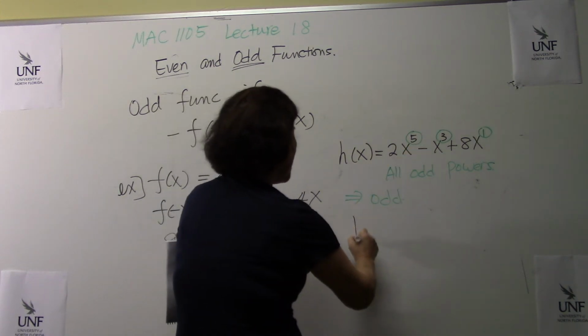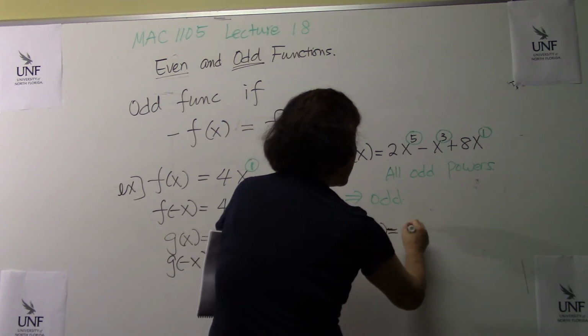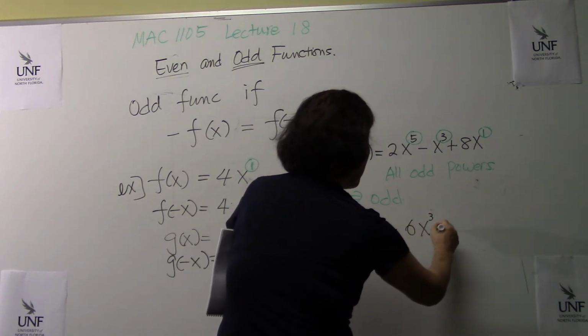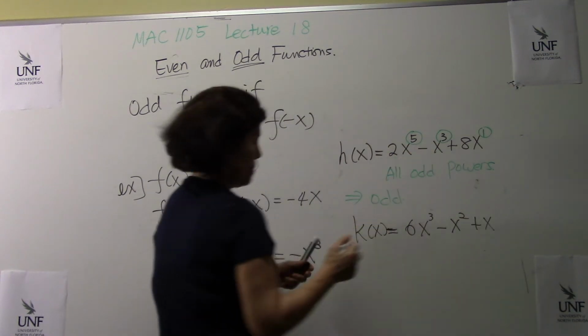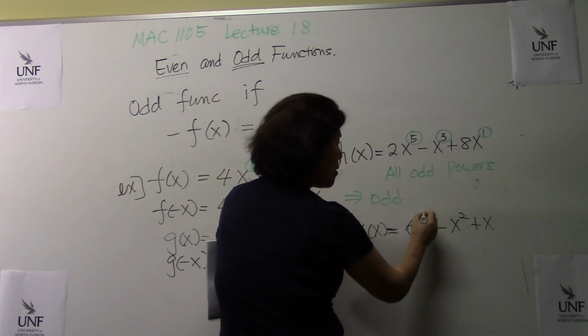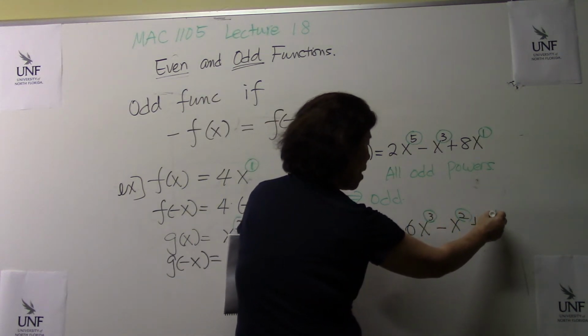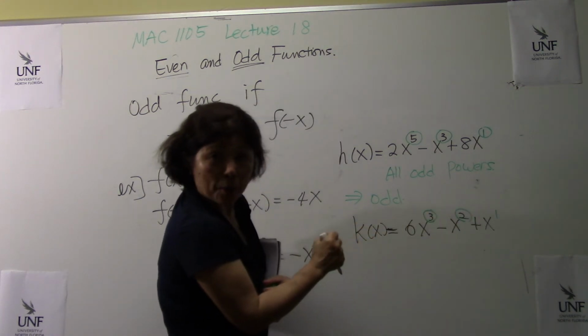Alright, so k of x is 6x to the 3rd minus x squared plus x. In this case, what do you see? The powers are 3 and 2 and 1. Oh, 3 and 1 are odd, but 2 is an even number.